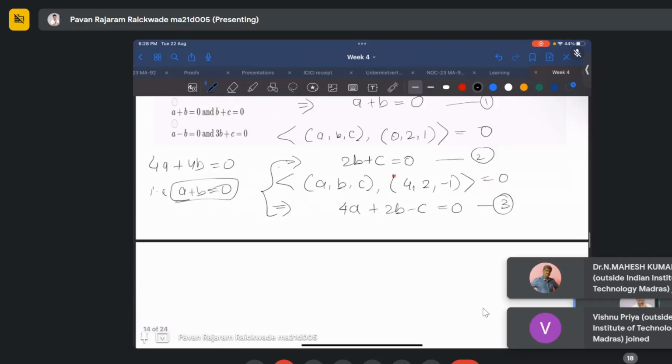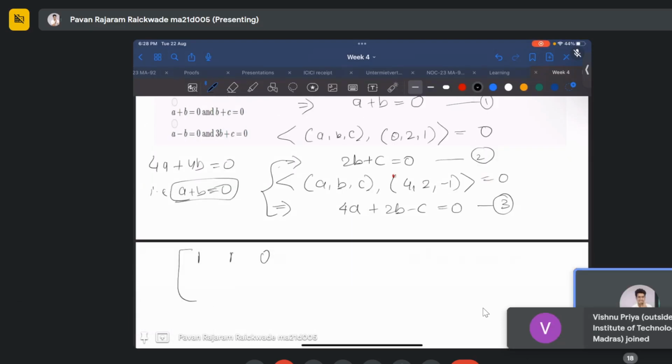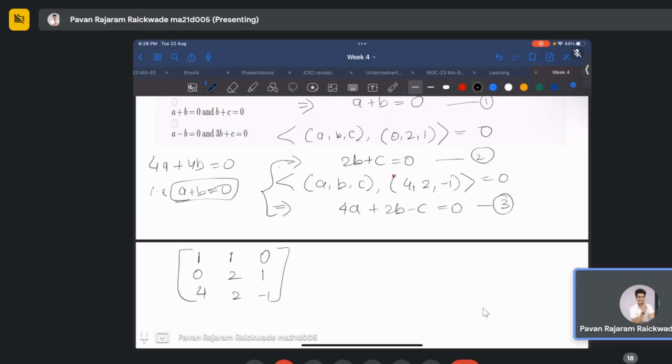Okay, let's just make the matrix: 1, 1, 0, then 0, 2, 1, then 4, 2, minus 1. Let's do some row transformation. R3 changes to R3 minus 4R1. So here we get 0, 2 minus 4 is minus 2, then minus 1.